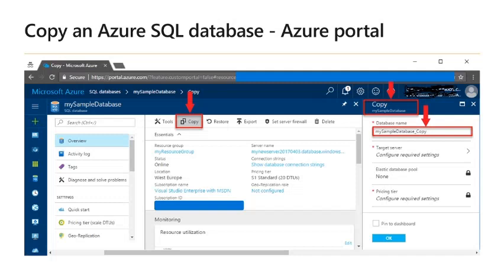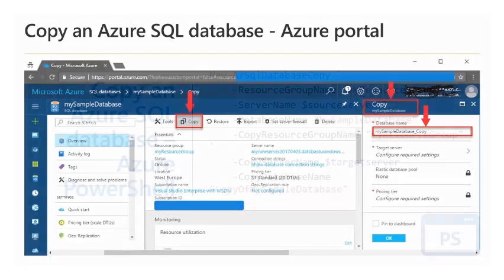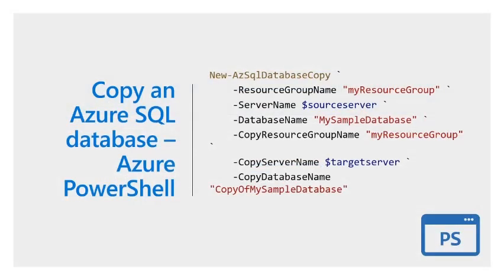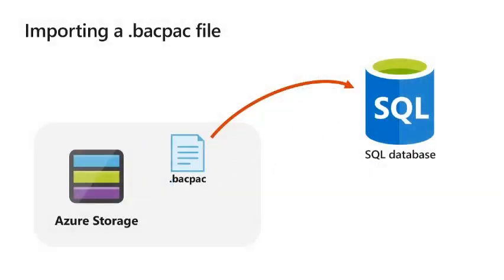At this point, you can upgrade or downgrade it to any edition. The logins, users and permissions can be managed independently. I'll show you in a minute how to do that. And this is what we're going to use for copying an Azure SQL database using Azure PowerShell.